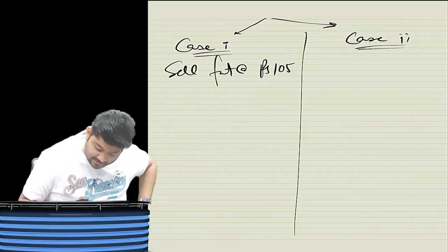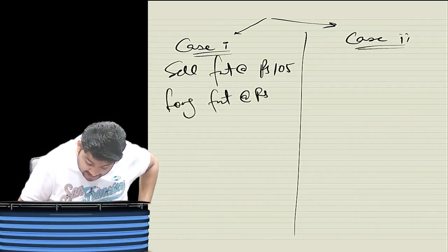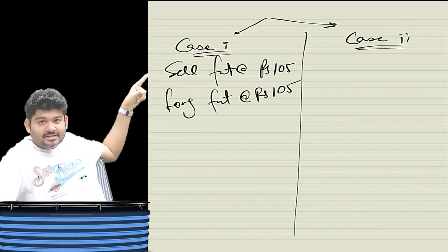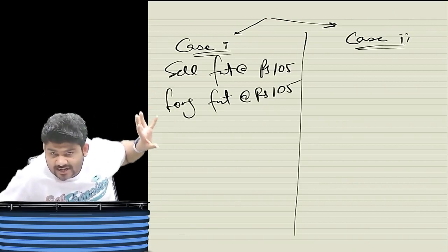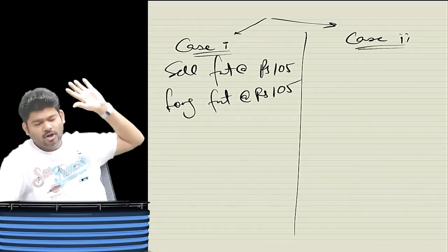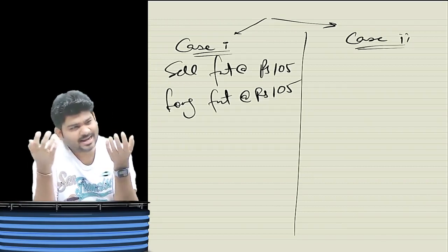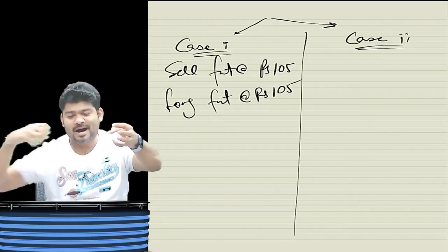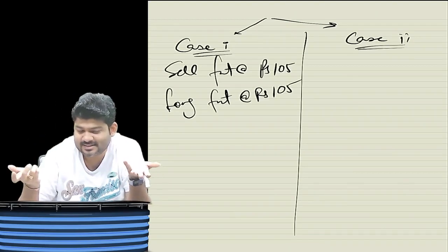So there would be some other party who would have entered into a contract of long futures at 105. So now I will sell it to this person at 105. The other person has to purchase at 105 because it is his fixed amount, and my fixed amount is at sell. Always remember, in case of futures and in case of any transaction, if you are selling, there has to be another buyer. If you are buying, there has to be another seller. Right? Without that, a transaction is not complete.